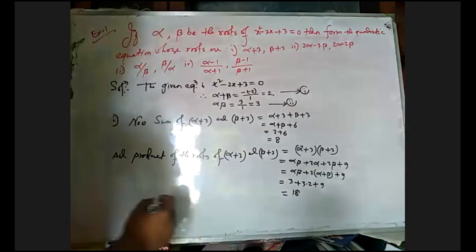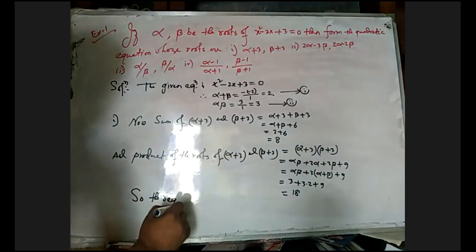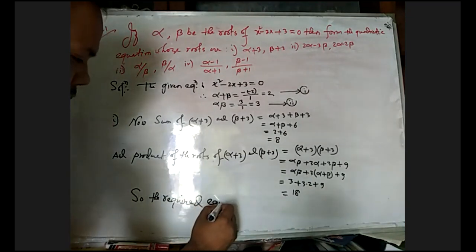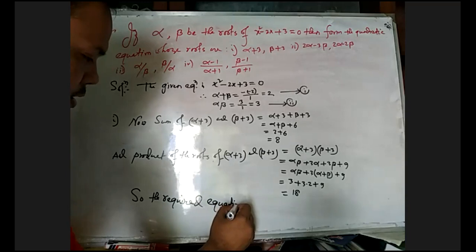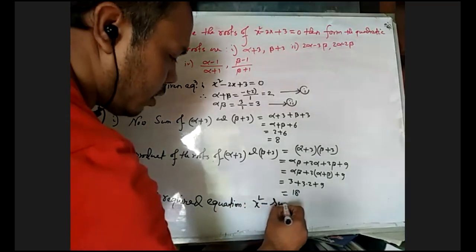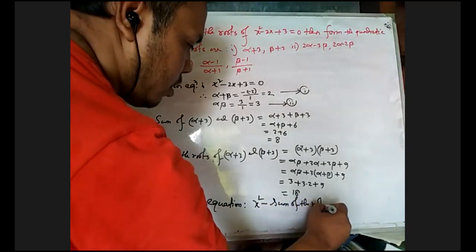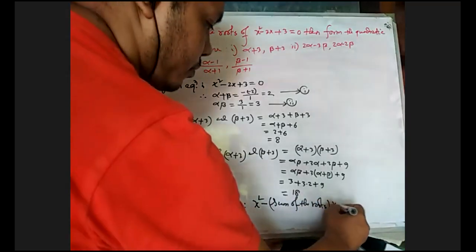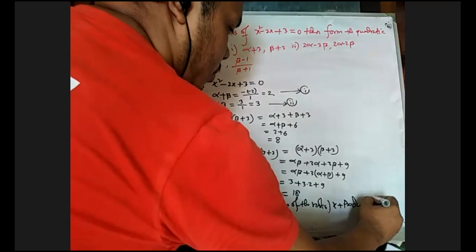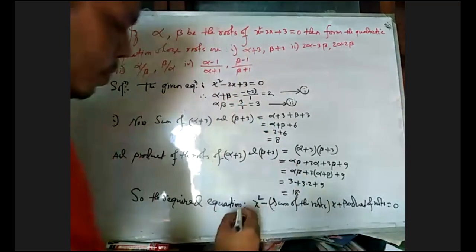That gives 18. So the required equation will be x square minus sum of the roots into x plus product of the roots equals 0.